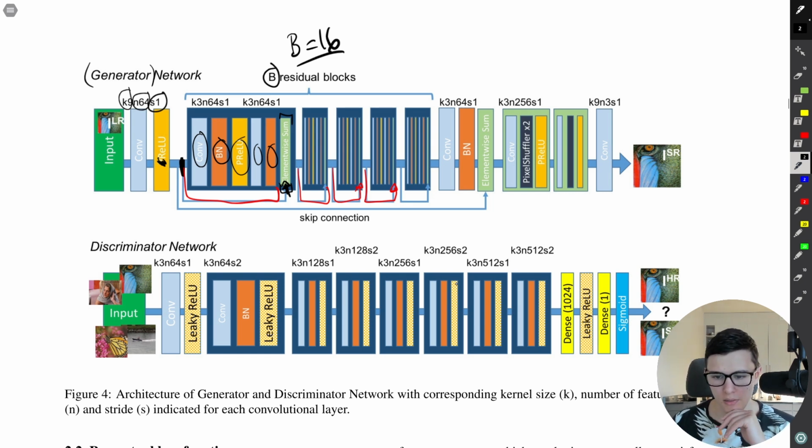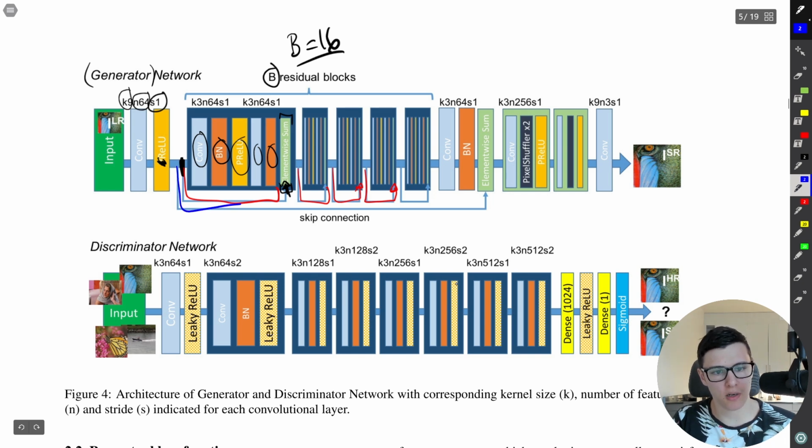And that is interesting because you could imagine that they would upsample the image and then work with the upsampled image, instead of working with the low resolution image and then upsampling or upscaling it. Another thing is that they do another skip connection from the beginning to after all of those residual blocks. I guess just to make sure that there's no information that has been lost, something like that.